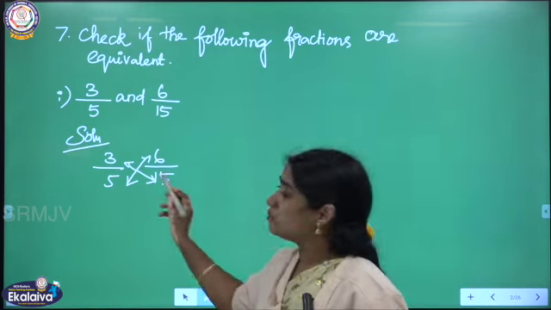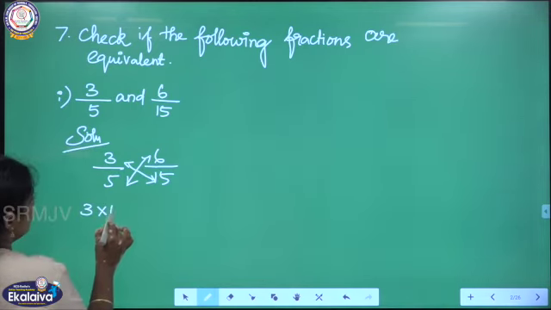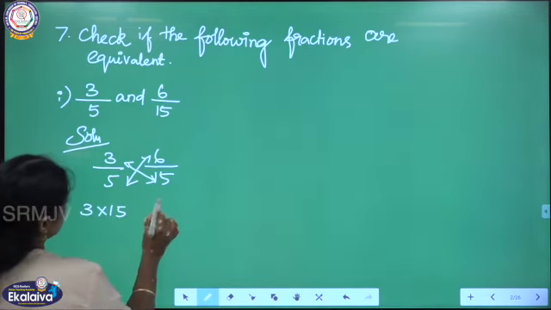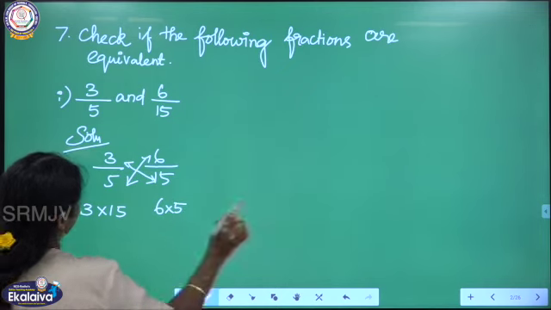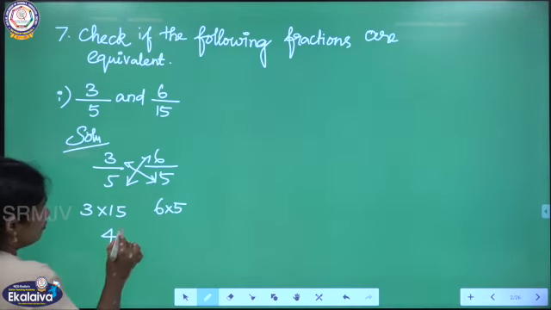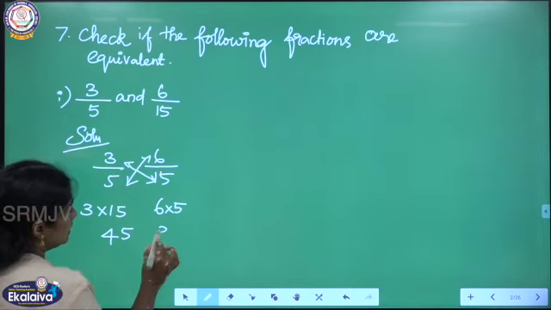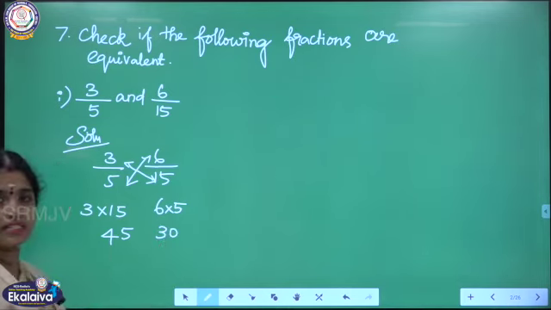Just cross multiply. Listen, 3 into 15 as well as 6 into 5. Got it? 3 15s are 45, 6 5s are 30. Are your products the same?